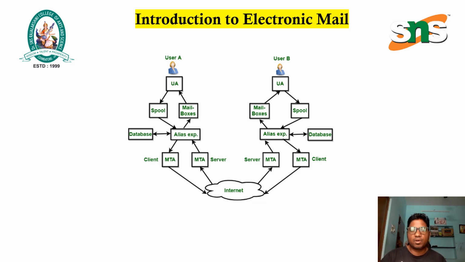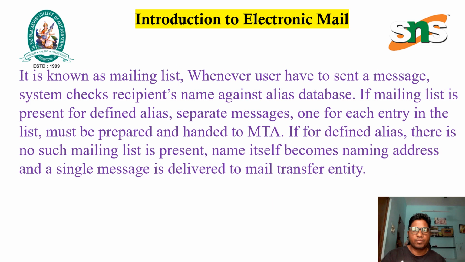This is sent to the MTA, which is the client, with database connectivity. There are two transactions, used between the UA and MTA. The mailbox is also known as the mailing list.